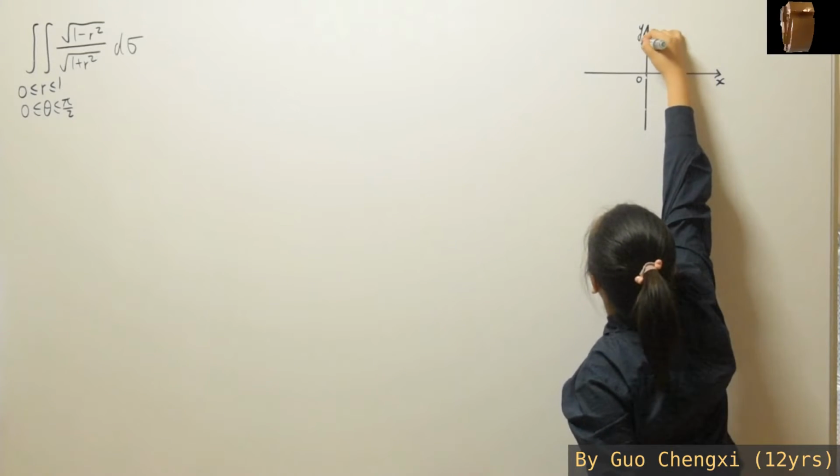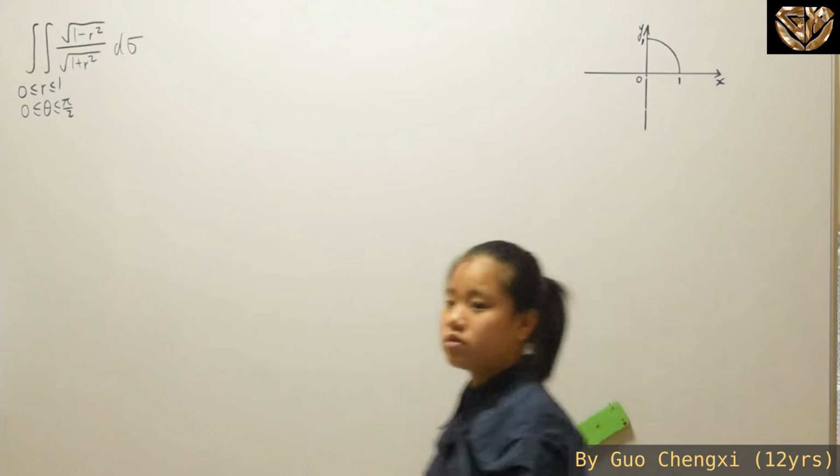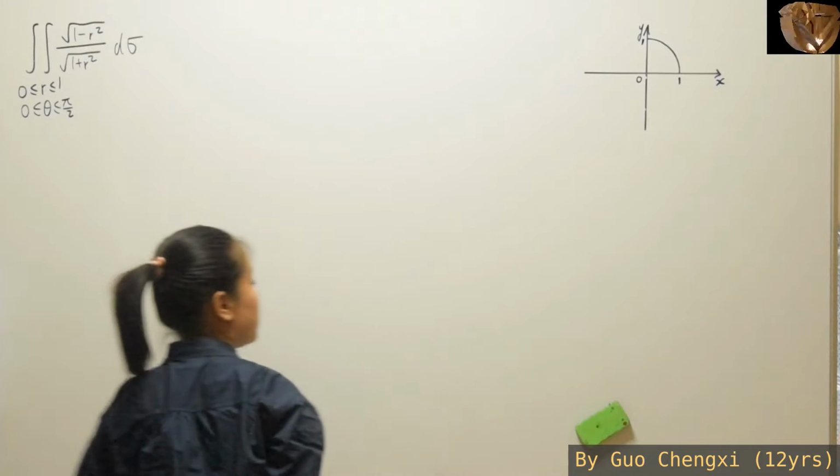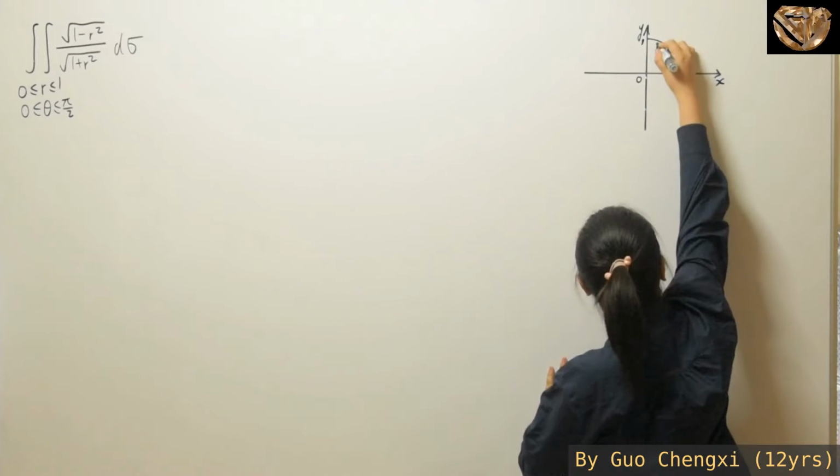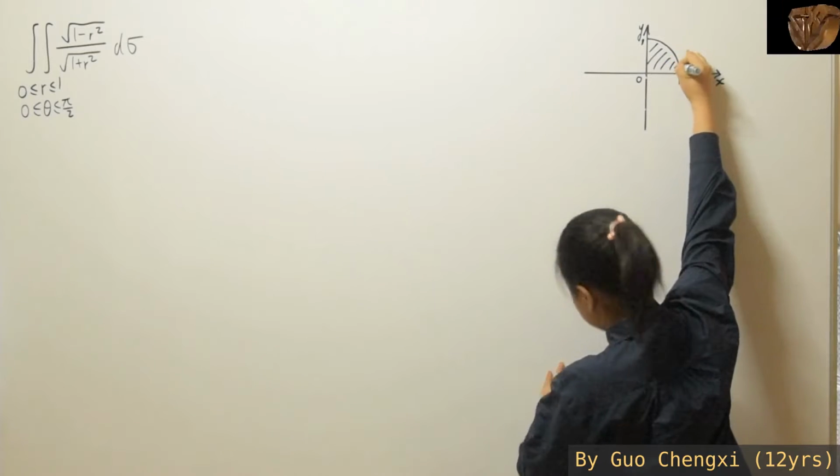And the radius over here, 1 and 1. Okay? So the area bounded is basically just this part.